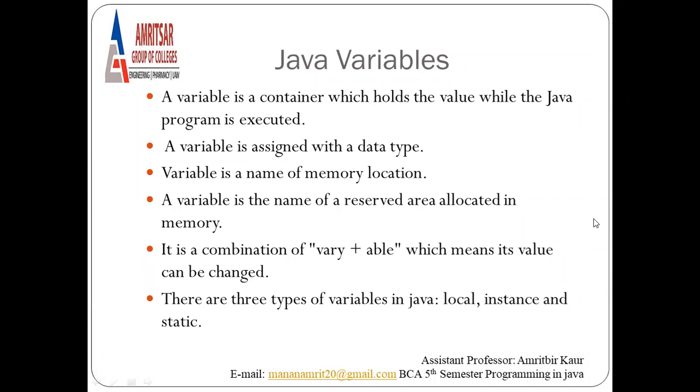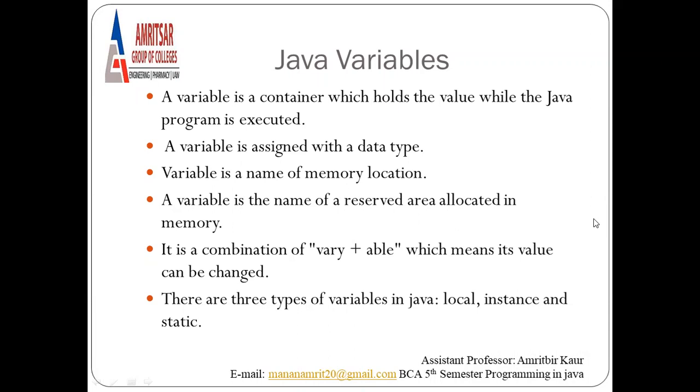There are different types of variables in Java. Firstly, we learn what Java variables are, and then we learn the different types of variables in Java. A variable is a container that holds a value while the Java program is executed. Basically, a Java variable is like a container in which we store our value.